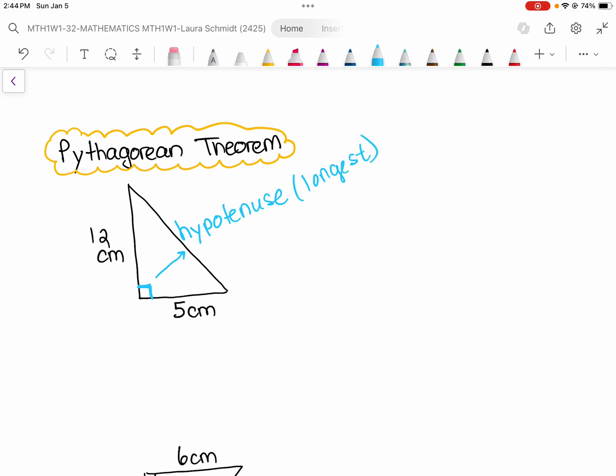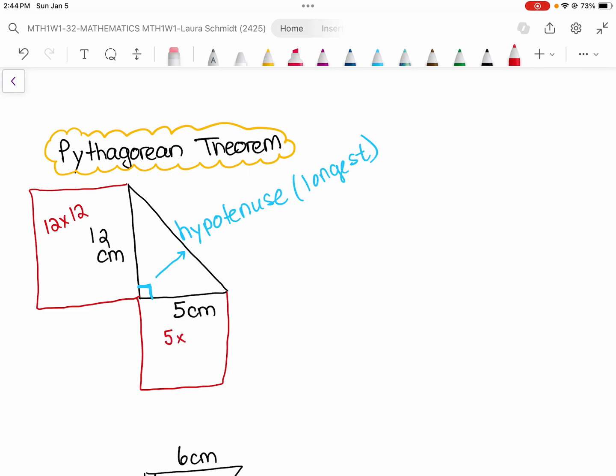And you can find the length of that longest side by determining the square of each of the shorter sides. It's like you turn these into little squares on each side, and you're finding the area of them. So this is like doing 12 times 12 to find the area, and this is like doing 5 times 5. So it's 144, this is 25.